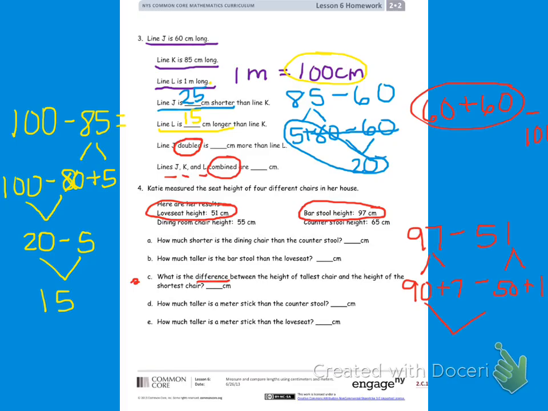I know that 90 minus 50, or 9 tens minus 5 tens, is 4 tens. And 7 ones minus 1 one is 6 ones. And I know that 40 plus 6 is 46. The difference between the tallest chair and the shortest chair is 46 centimeters.